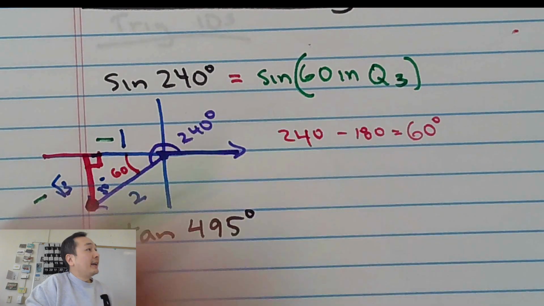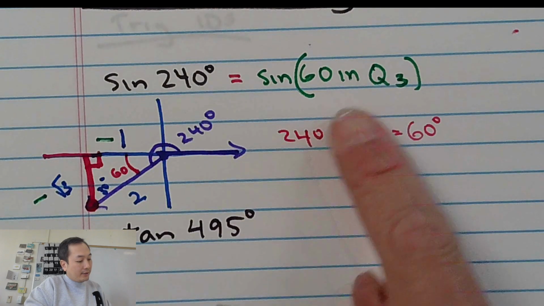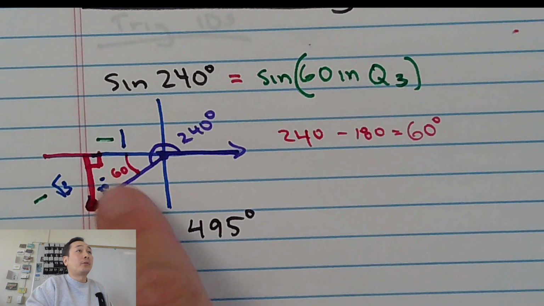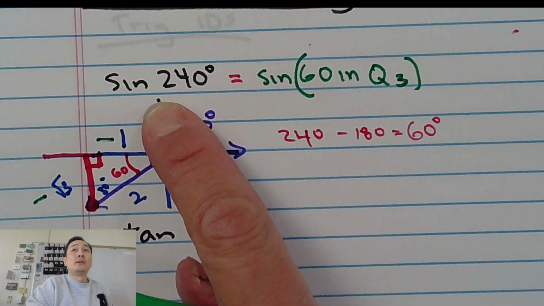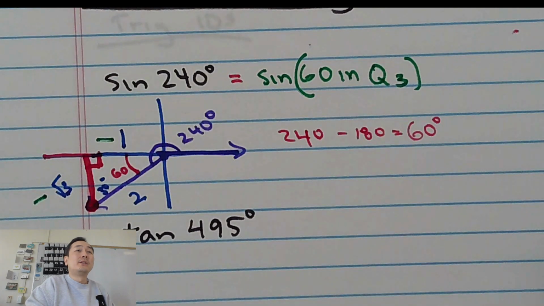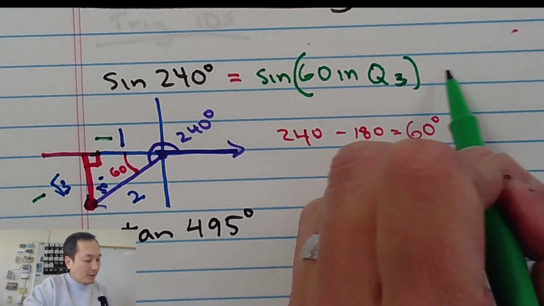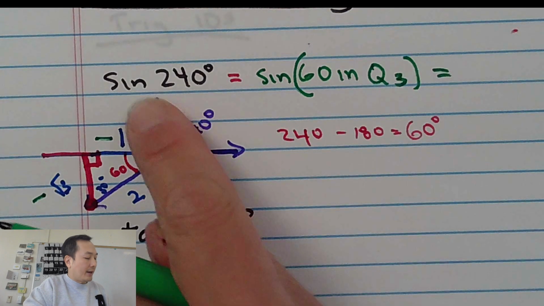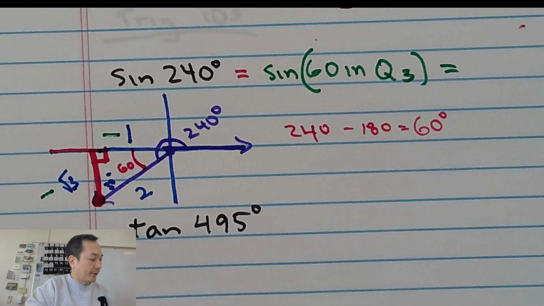If you get the sine of this triangle here, we get the sine of this 240. That's why they're called reference triangles and angles.